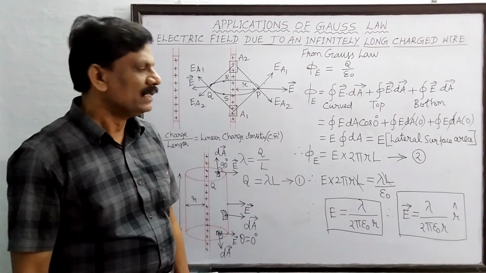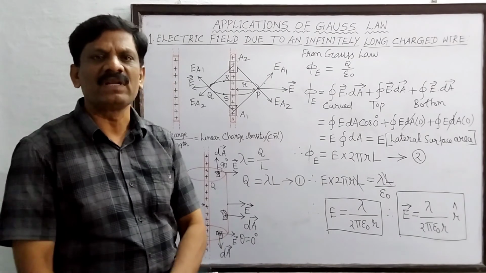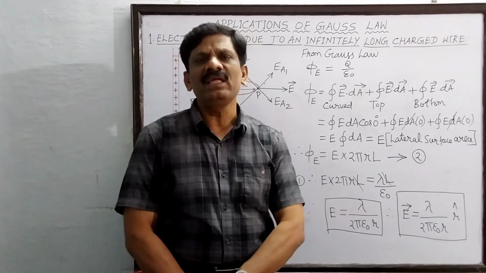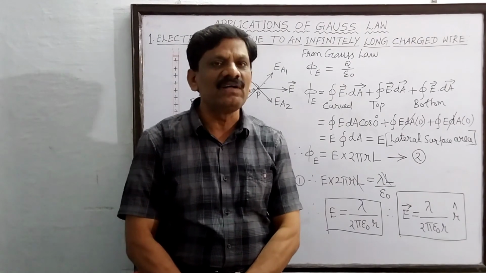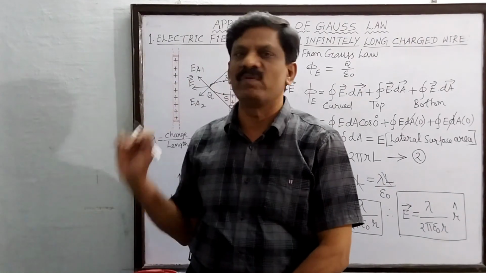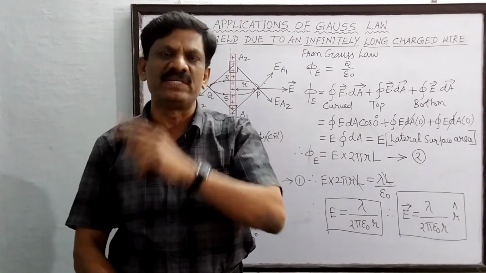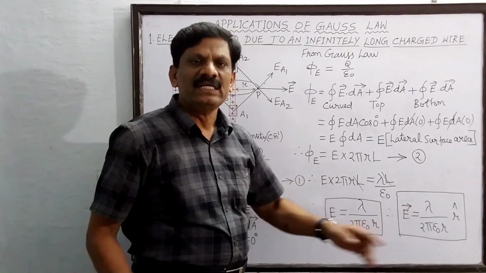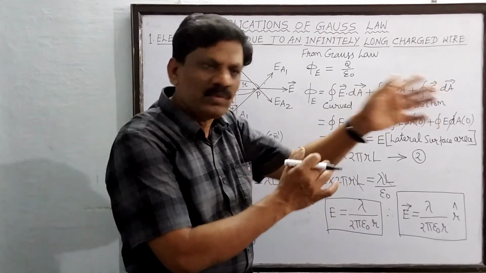Okay, students. So this is the expression for the electric field due to infinitely long straight charged wire. What kind of charge is present in this wire which we have considered? Positive. Therefore, what should be the direction of this field? It should be radially outward.